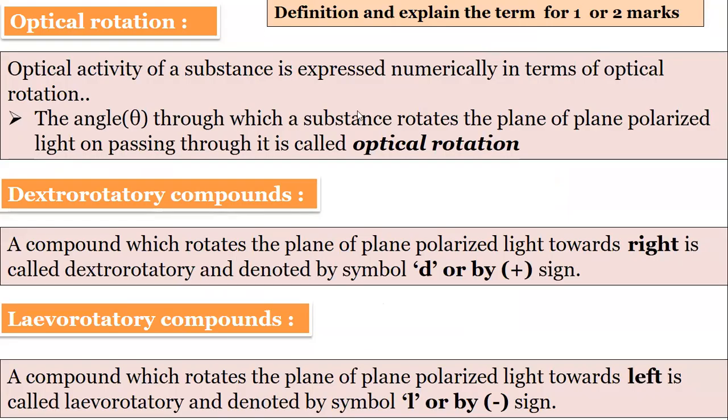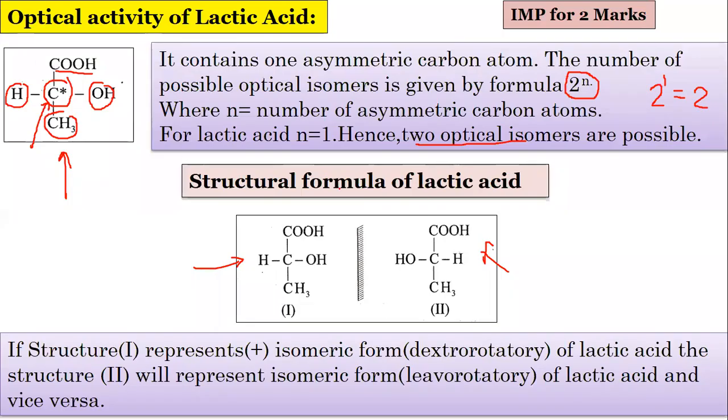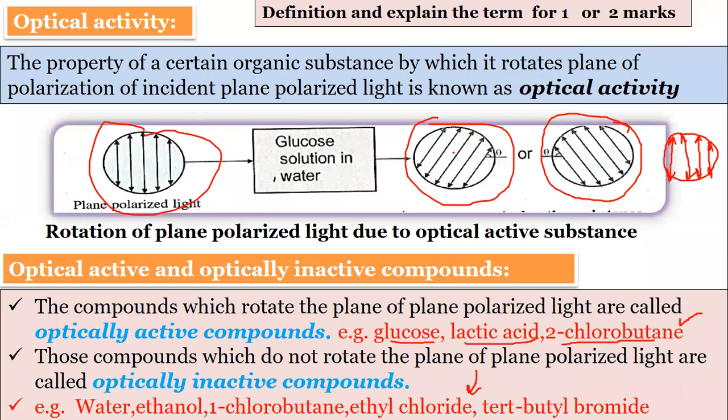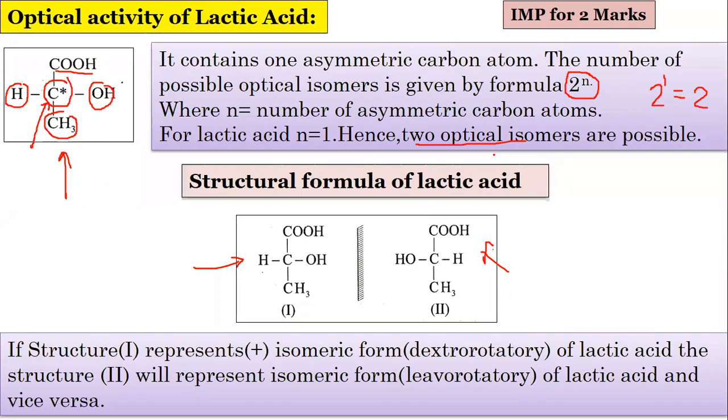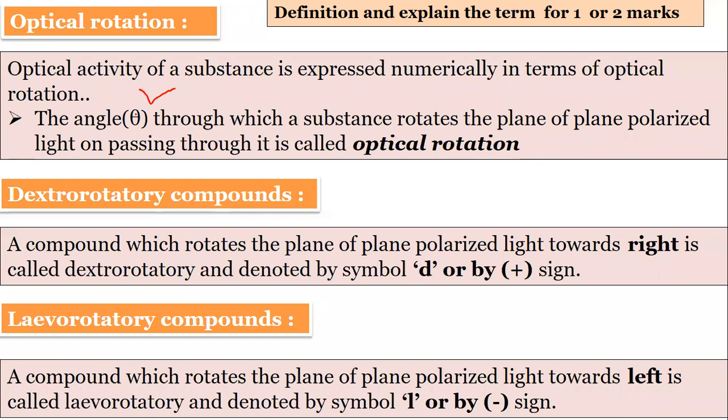And now the terms. Optical rotation: this angle theta is called optical rotation. When it is rotated to the right hand side, it is called dextrorotatory, shown with the symbol D or plus sign.